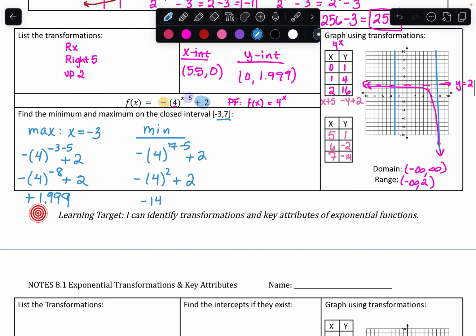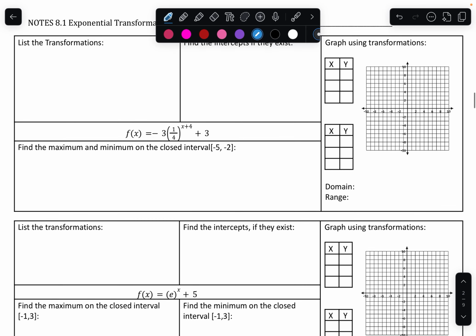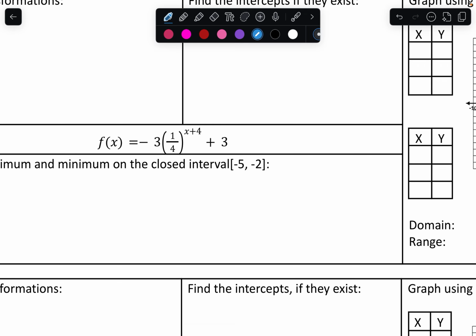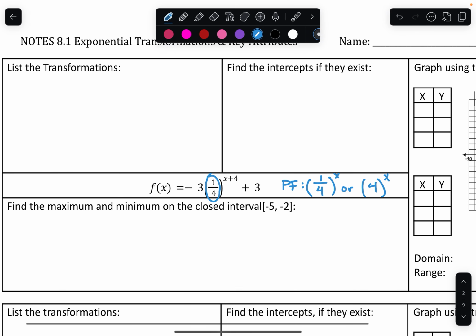Okay. Let's go ahead and take a look at something where we have a base that is a fraction. So we have -3 times 1/4 to the x plus 4 plus 3. There are a few ways that you can approach this. You can use the parent function as 1/4 to the x power, or you can use the base of 4 to the x and state that there's a reflection over the y-axis.